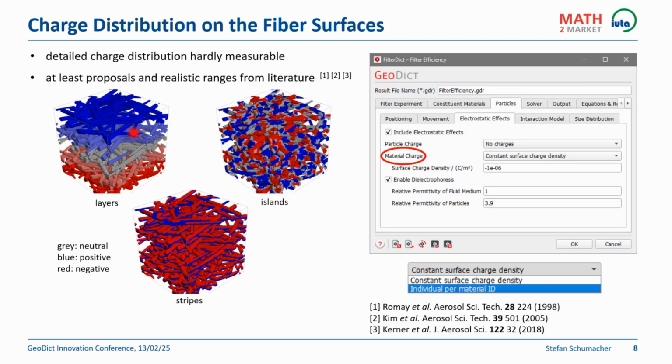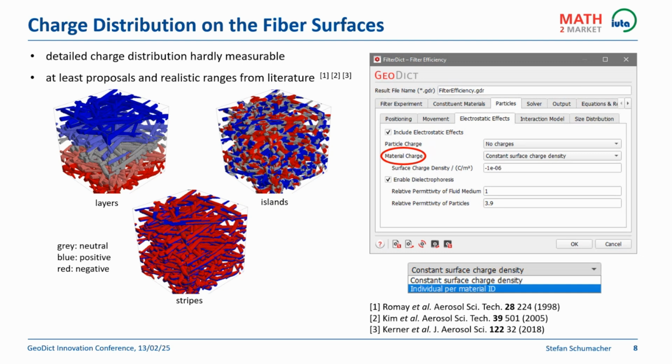So here we have gray are neutral parts, blue is positive, red is negative, or vice versa. There are publications which propose more something like these island structures where you have different charges on very small scales. And there are also special types where you can have so-called split fibers which carry both charges on the same fiber. So the software was adapted in that way that you can assign these different charge distributions.